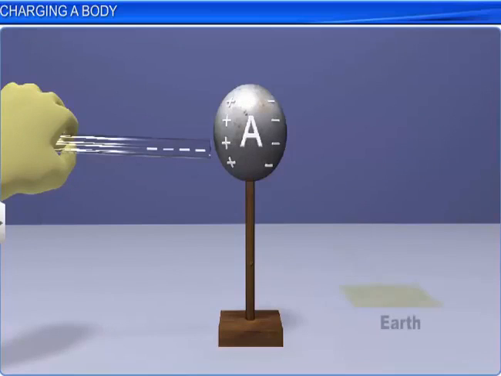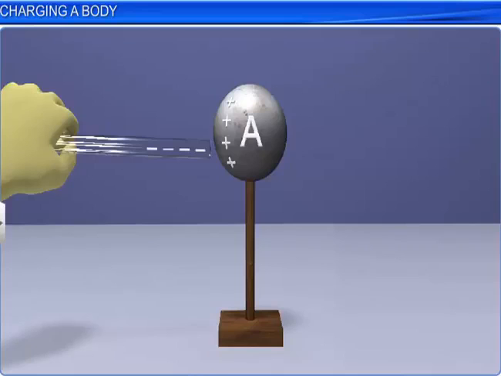Now, if we earth the far side of the metal sphere using a conducting wire, the electrons on the far side of the metal sphere flow into the earth. However, the positive charges on the near side of the metal sphere are held at rest by the negatively charged rod.